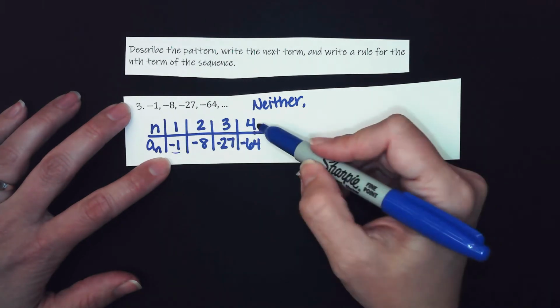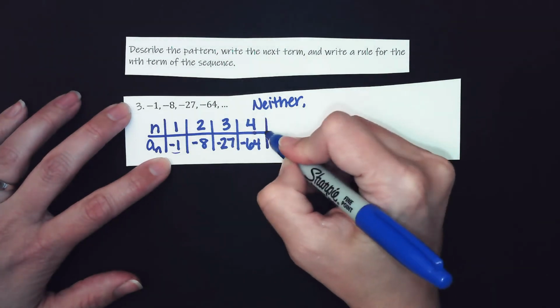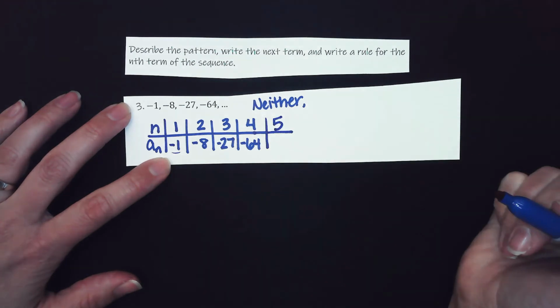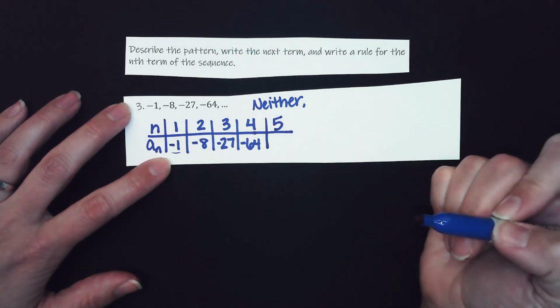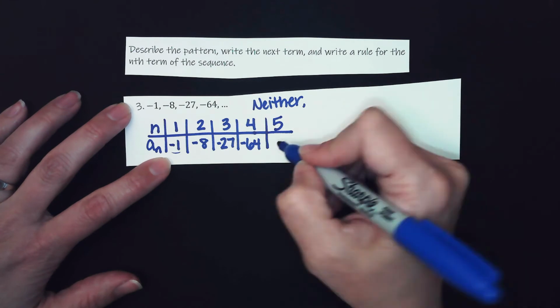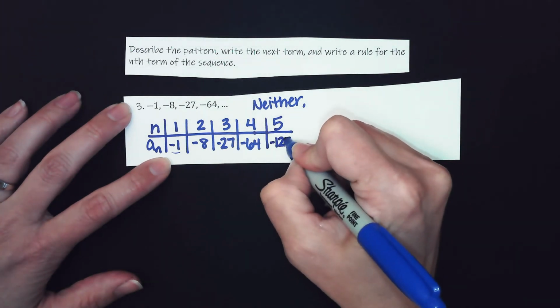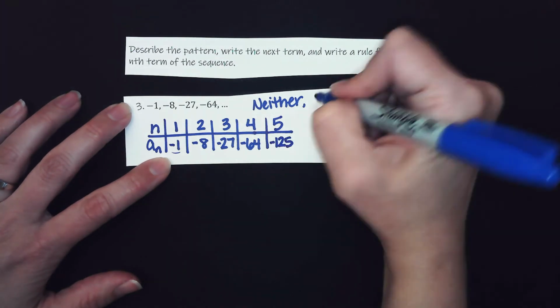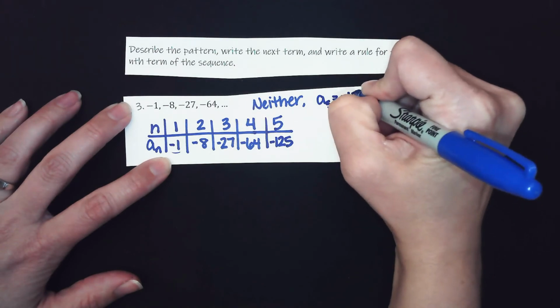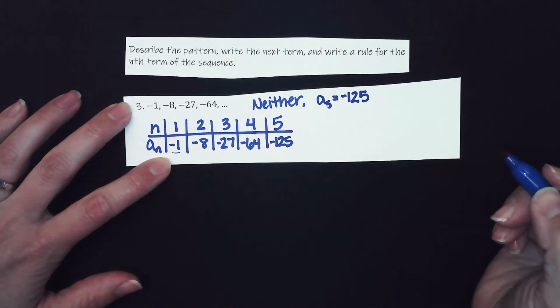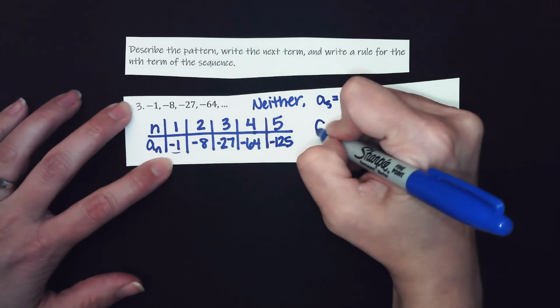So the next term here, I would have a 5th term. Well, -5 cubed would be -125. Okay, so my a_5, which is my 5th term, is going to be -125. And then I figured out my rule, so I'm going to write a rule.